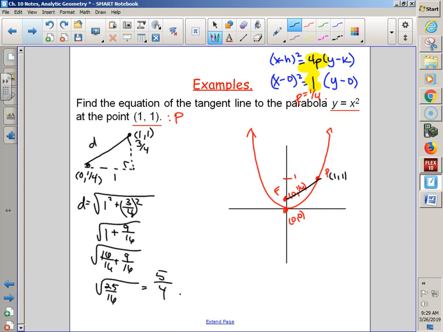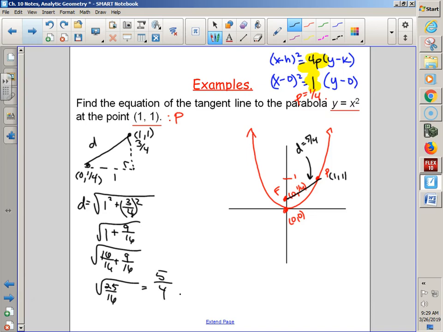Technically plus or minus, but what is D? I don't care about direction, Robbie. I just care about how much. Think absolute value. So what did I just find my D to be? 5/4.